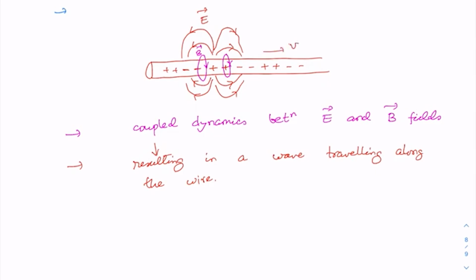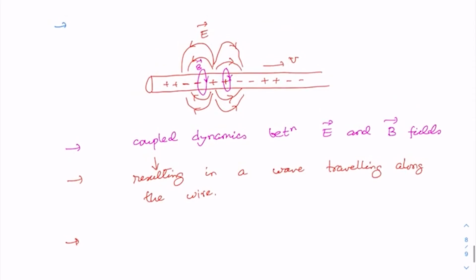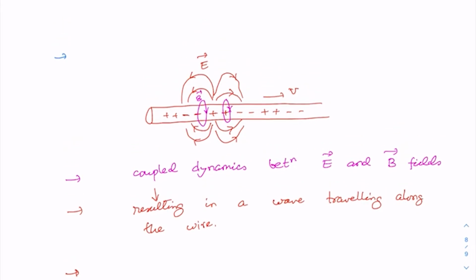So a wave would result, and it will propagate along the wire. But these kinds of waveguides are actually not practical. We are not going into the mathematical analysis; I will just tell you the reason why. Firstly, as you can see from this diagram, the electric field extends too far.